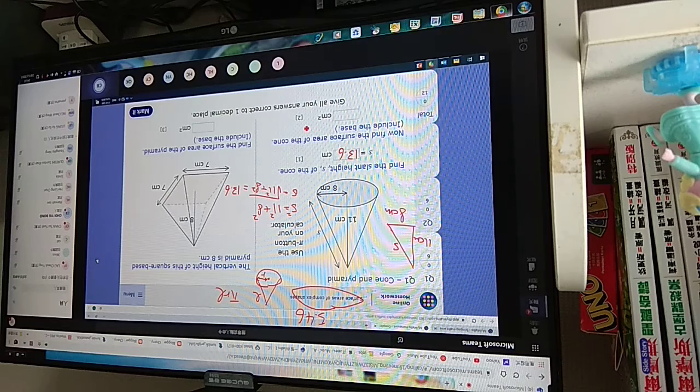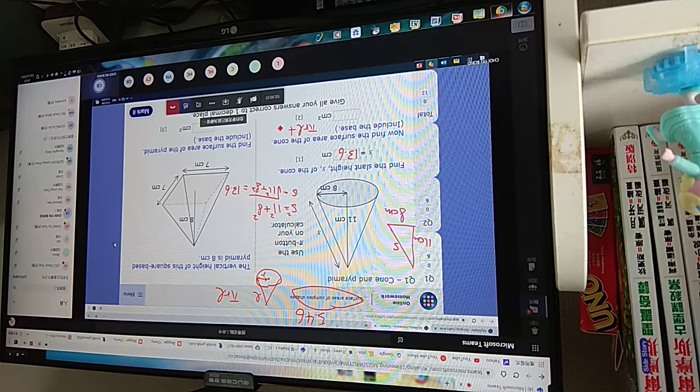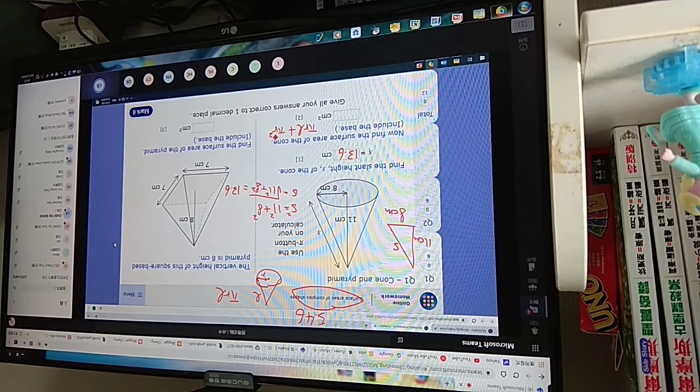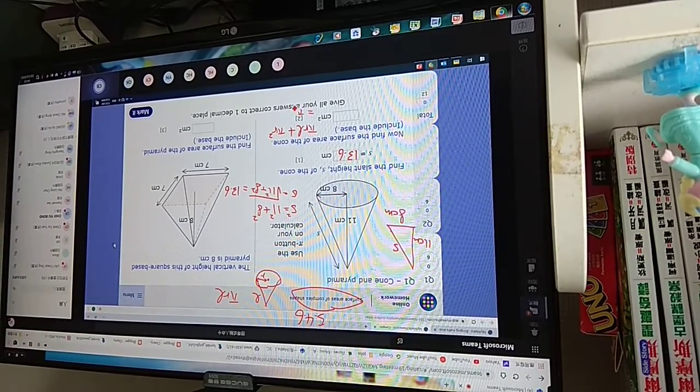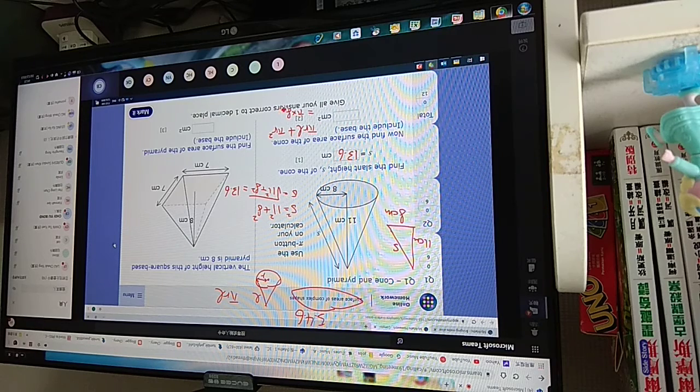The total surface area of the cone will be equal to pi R L plus pi R squared. Pi R L is the side area, pi R squared is the base area. So pi times R is 5, L is the side length, that is 30.6, plus pi times R squared, R is 5, squared.